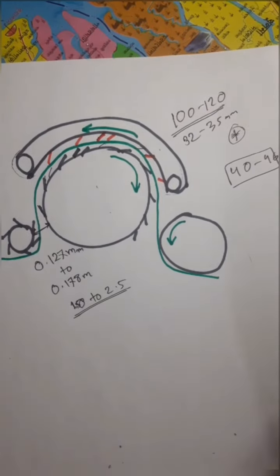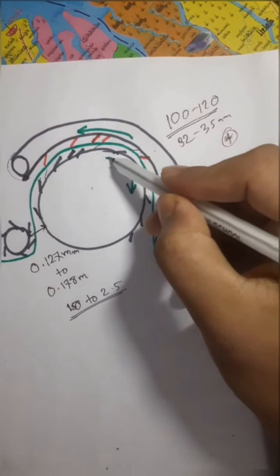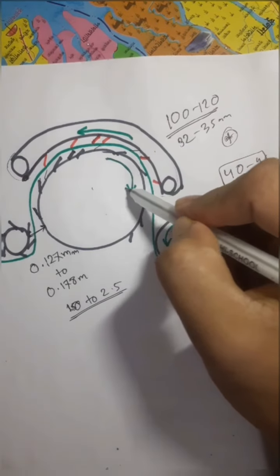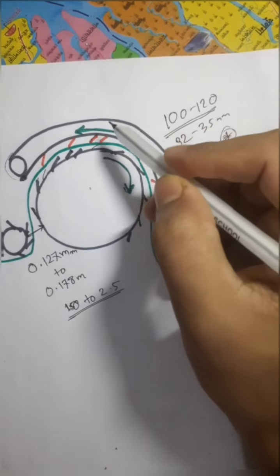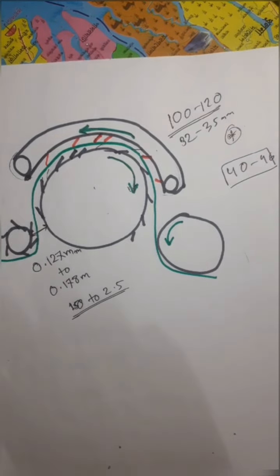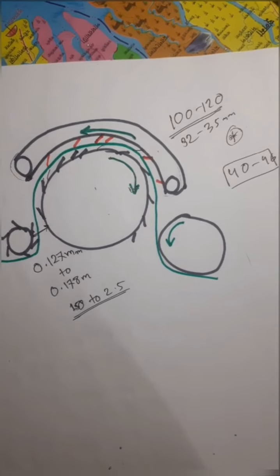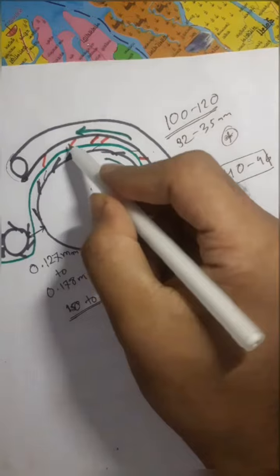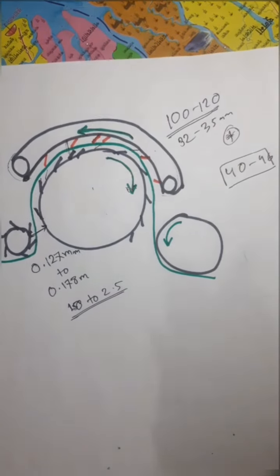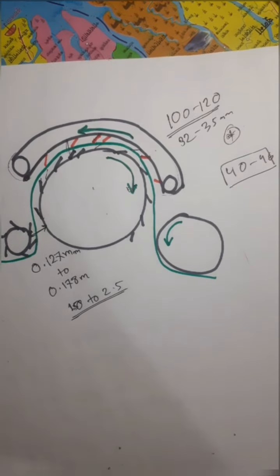And the rotational direction of cylinder is in this way, and the flat is in that way, that means in opposite direction. This is very important because the main carding action occurs in this zone.